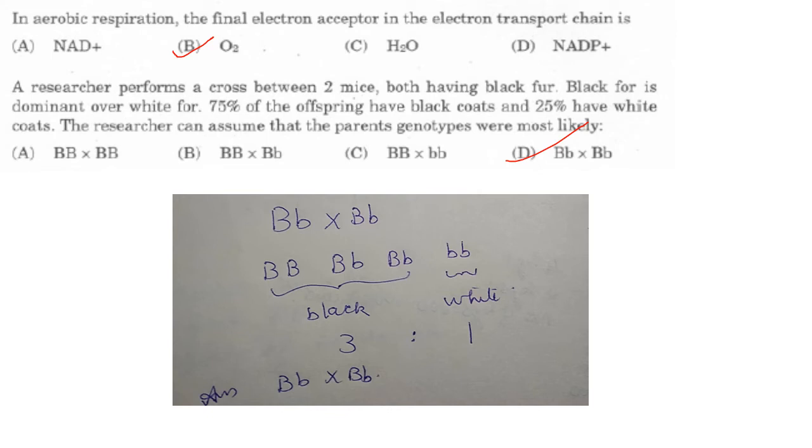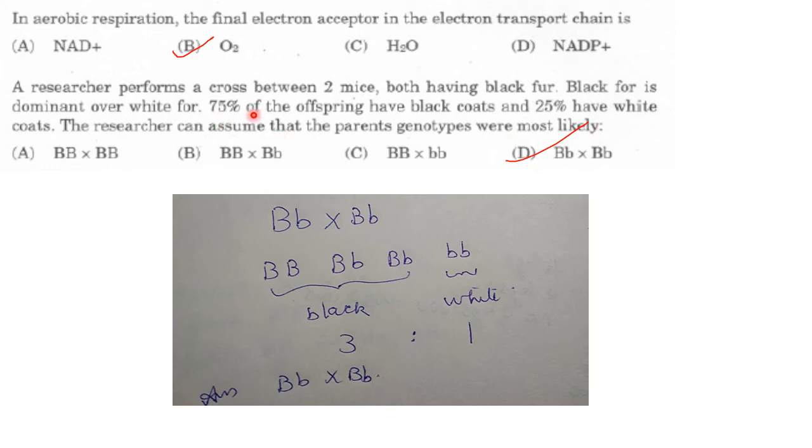Then next one. A researcher performs two crosses between two mice, both having black fur. Black is dominant over white, so 75% of the offspring have black coats and 25% have white coats. The researcher can assume which parent genotypes are more likely.